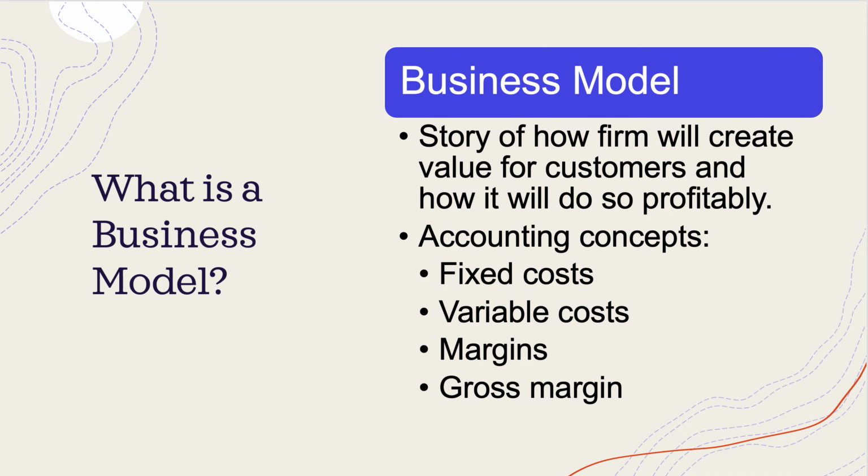They're called contribution margins because they are what contributes to your ability to cover your fixed cost. Fourth, the gross margin is the total amount of margin you made and is calculated as the number of units sold times the contribution margin. So these are the accounting concepts that play into that.